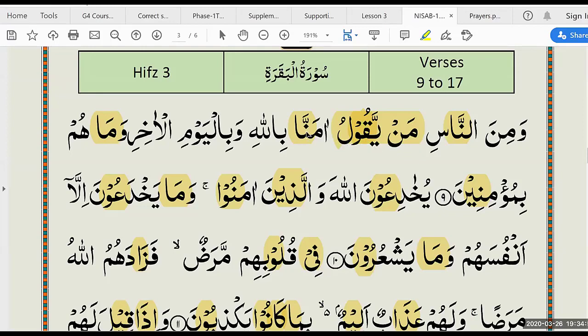When you have noon or mim with tashdid, shadda, this is tashdid. When you have noon with tashdid or mim with tashdid, what rule do you think applies? To combine the letter. Everybody, whenever we have noon tashdid and mim tashdid, here we have the mim with shadda on top, you have to give a ghunna sound.